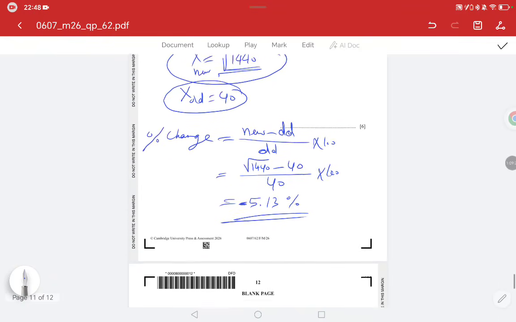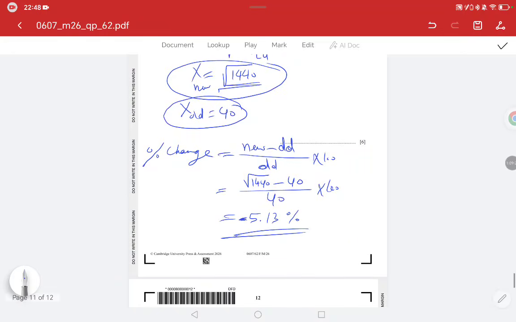It reduces by 5.13 percent. You may say negative 5.13 percent, or you can say decreased by 5.13 percent. So this is the answer.